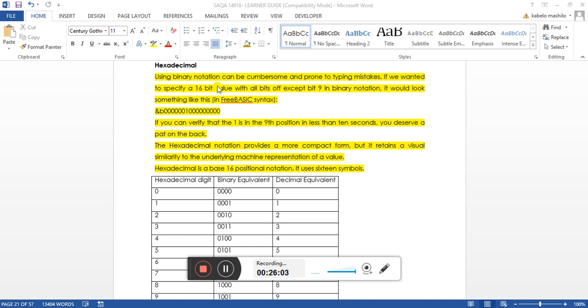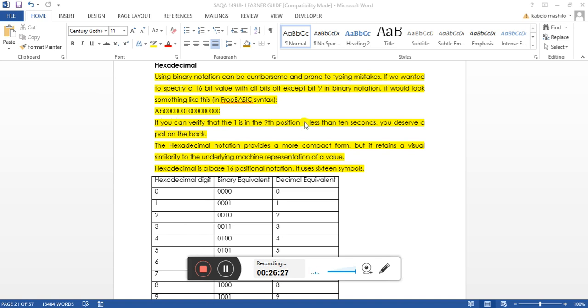Using binary notation can be cumbersome and prone to typing mistakes. If we wanted to specify a 16-bit value with all bits off except bit 9 in binary notation, it will look something like this.